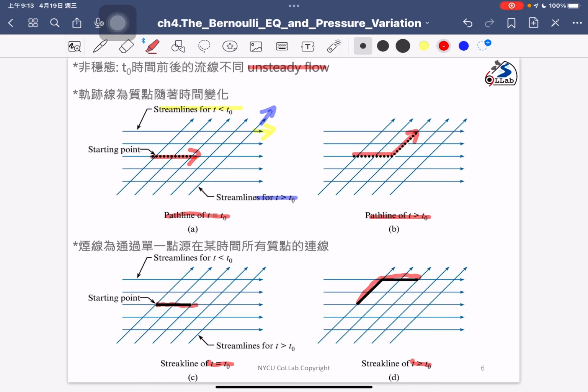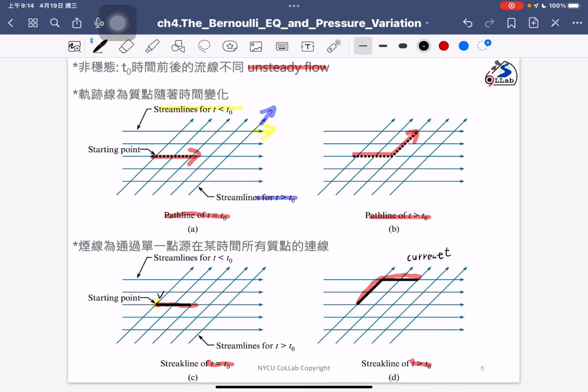The reason is that the track line just connects all the fluid particles passing through the same starting point, at the current time. So this is for the current time.